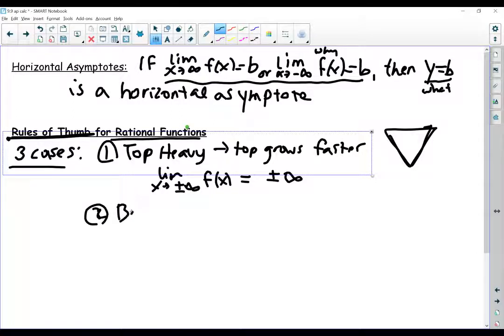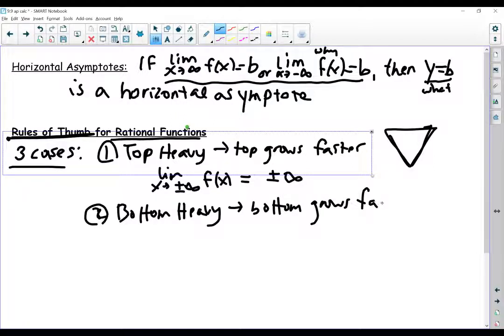The next case would then be bottom heavy, and I'm going to define bottom heavy as the bottom function grows faster. If the bottom grows faster, then we have a shape like this for the function. The bottom is getting really big, and the top is getting not so big. This is like a woman that has nothing on top and is thicker than a Snicker on the bottom.